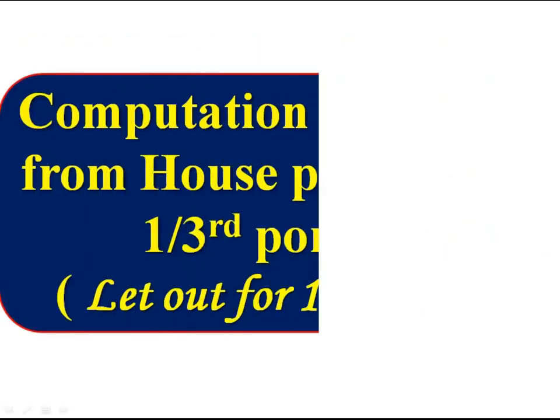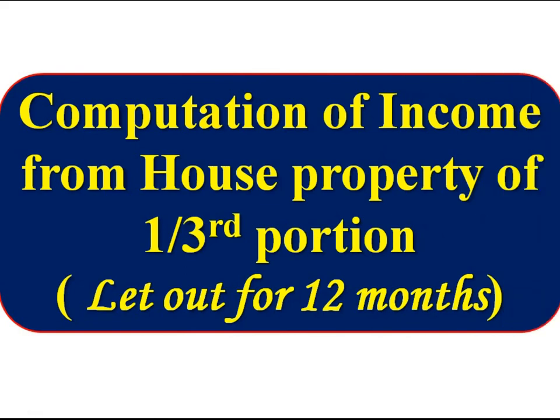Now we are computing income from house property of the 1/3 portion which is let out for 12 months. For computing income from house property, first of all, we have to compute gross annual value by comparing expected rental value and actual rental.